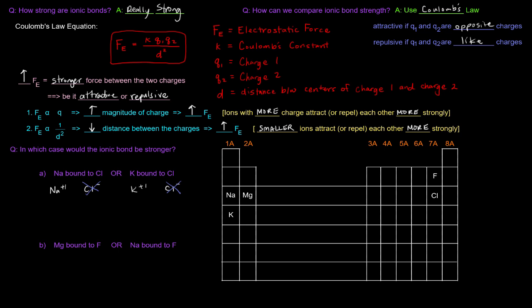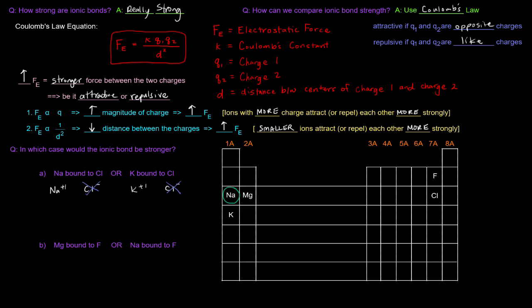However, their atomic size or their ionic size is different. If I look at the periodic table that I've drawn here, including only the elements I'm talking about, Na is right here and K is right below it.